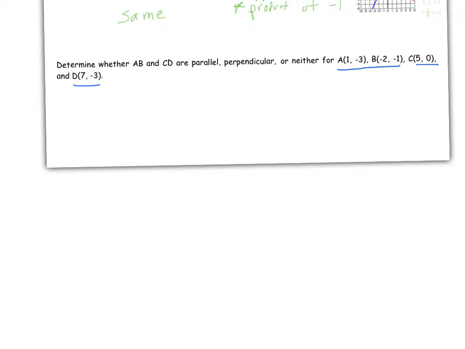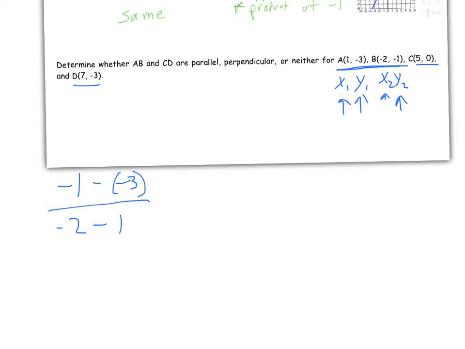So, for AB, we've got these 2 points. We'll just call this x1, y1, x2, y2. You could do it any way you wanted. So we'll take negative 1 minus negative 3. All I did is I took y2 and I subtracted y1, over x2, negative 2, minus x1, which is 1 here.